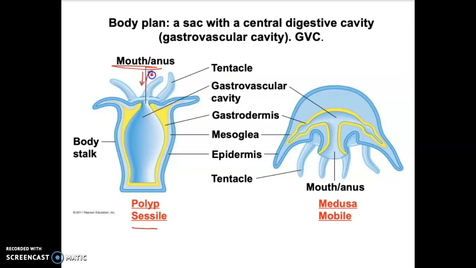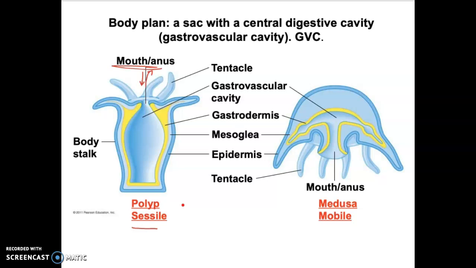That's real pleasant to observe. And there's your big sac, the digestive cavity. Polyps tend to be very sessile. They're not active movers for the most part. The hydra can do a little cartwheeling thing, but in general, polyps are sessile. Coral polyps don't move. Anemones tend not to move a whole lot.